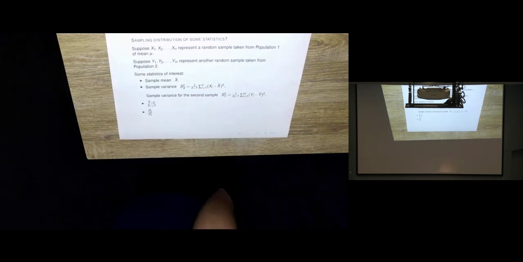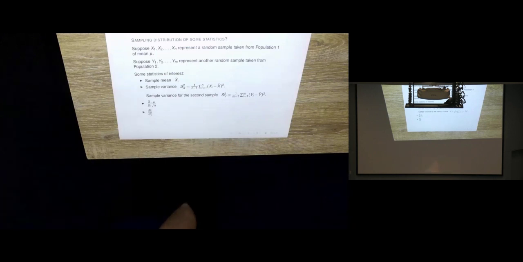For example, if you are doing some manufacturing, as long as you know your machine has been set at the right place where it will give you the right mean, the specification, you don't want the variations to exceed a certain amount, because that is crucial for your quality control.